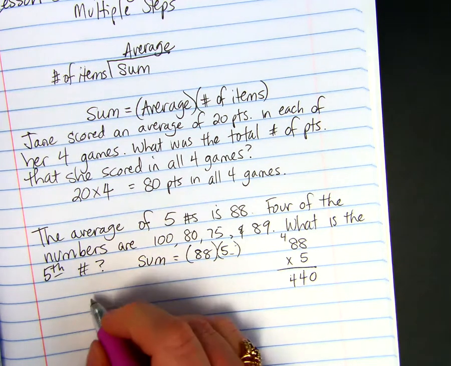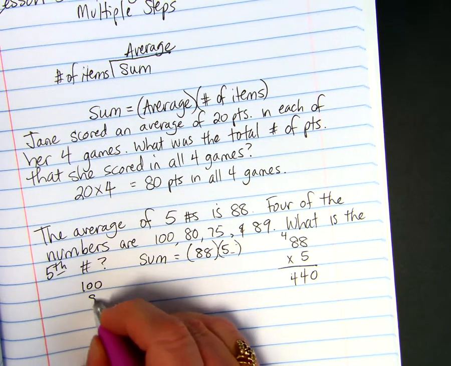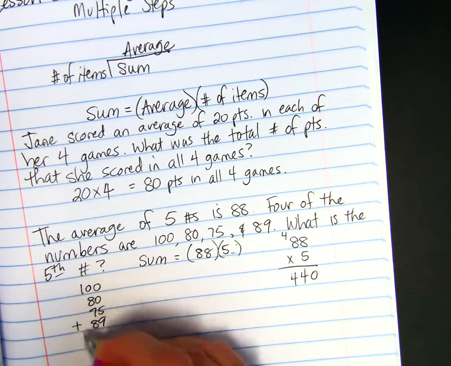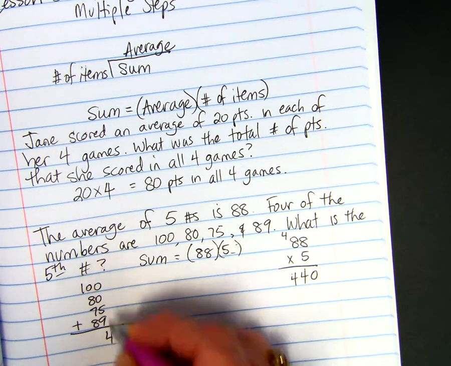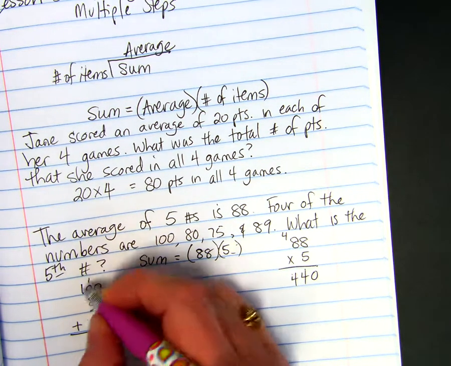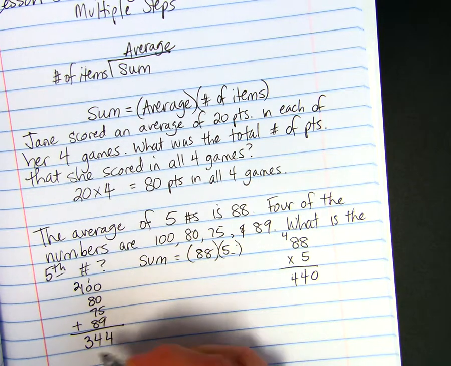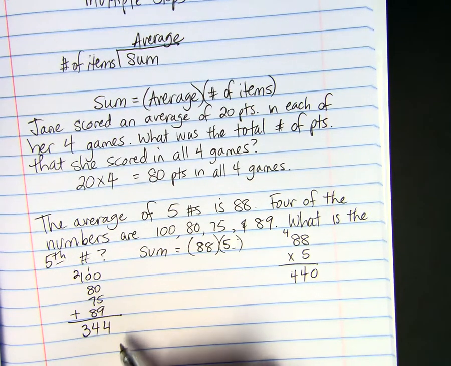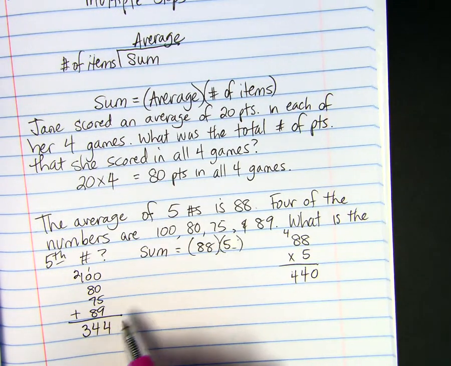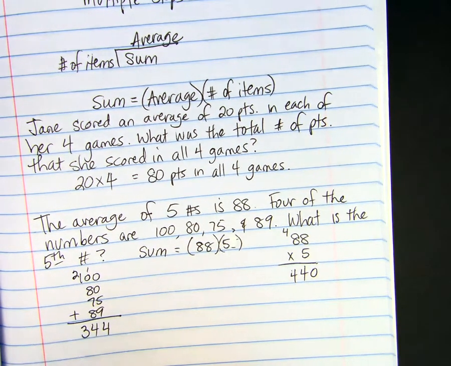So if we take 4 numbers, 100, 80, 75, and 89, and add them together, we get 344. That's the sum of the 4 numbers. We need a sum of 440.